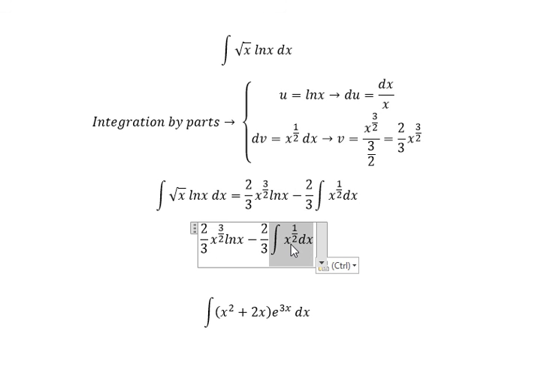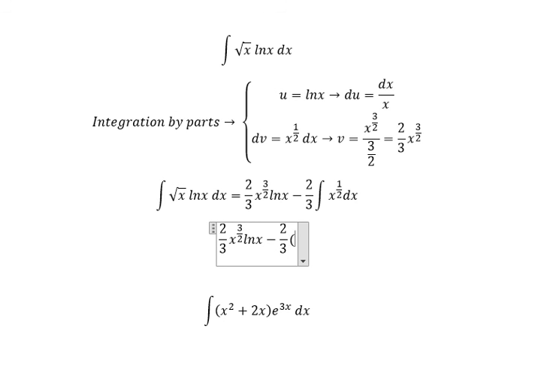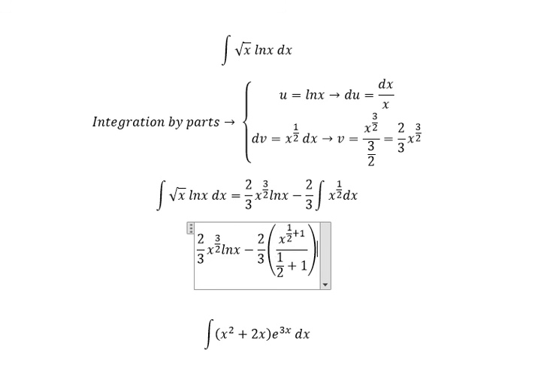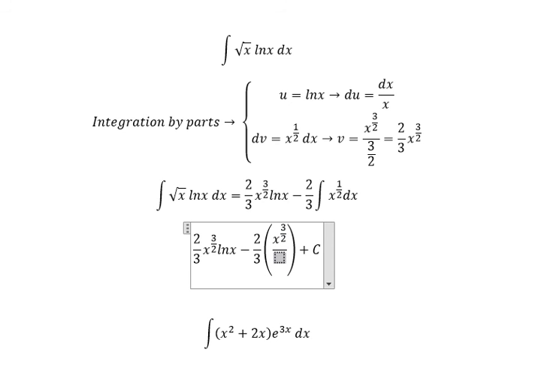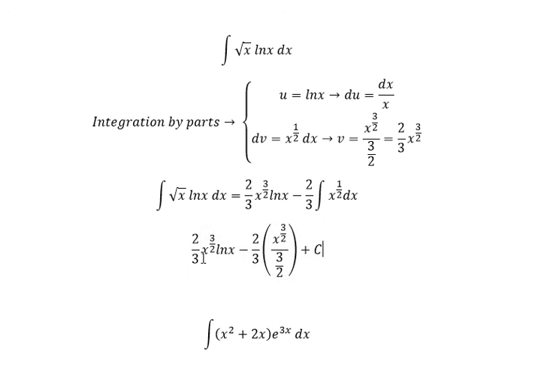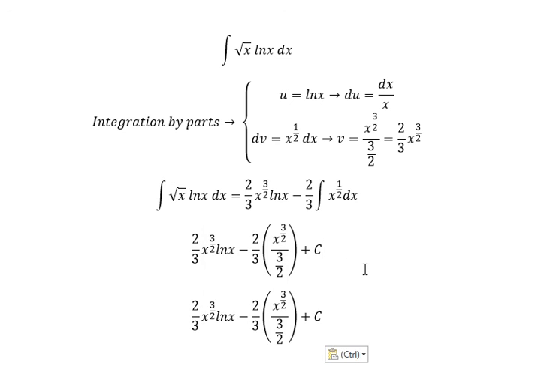Later this one we got s to the power of 1 over 2 plus 1 over 1 over 2 plus 1. So we got 3 over 2. This one we got 3 over 2. So we got 4 over 9.